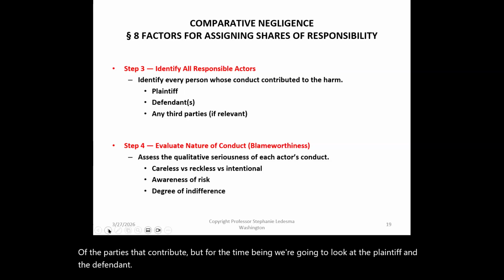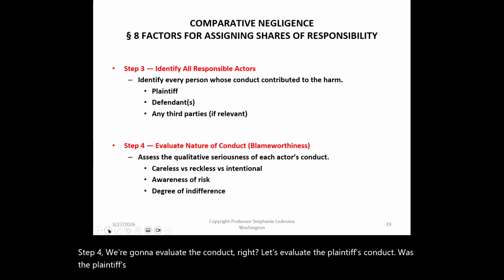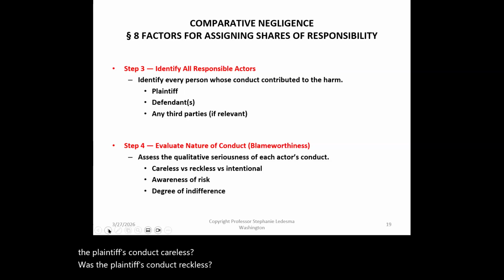Step 4, we're going to evaluate the conduct, right? Let's evaluate the plaintiff's conduct. Was the plaintiff's conduct careless? Was the plaintiff's conduct reckless? Was the plaintiff's conduct intentional, right?